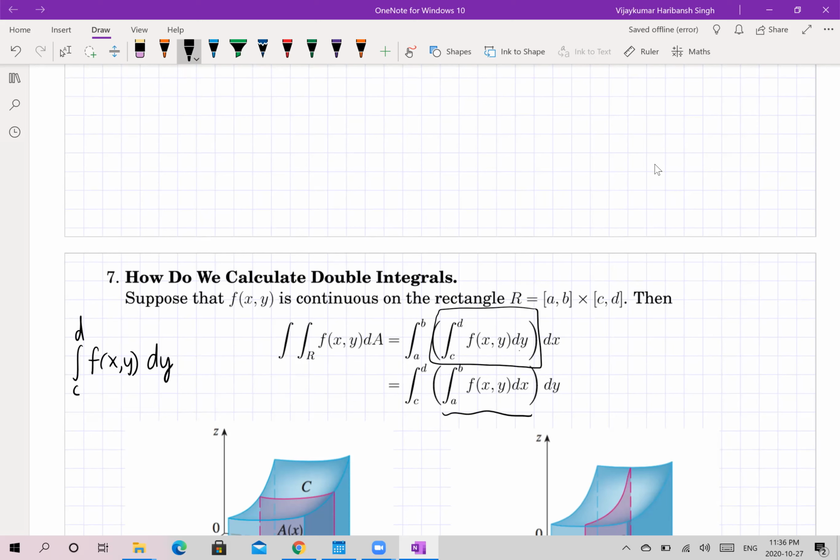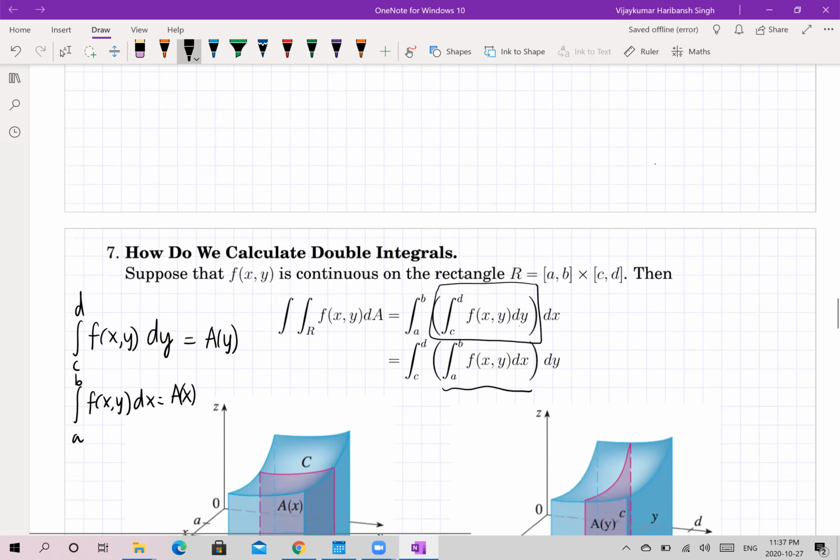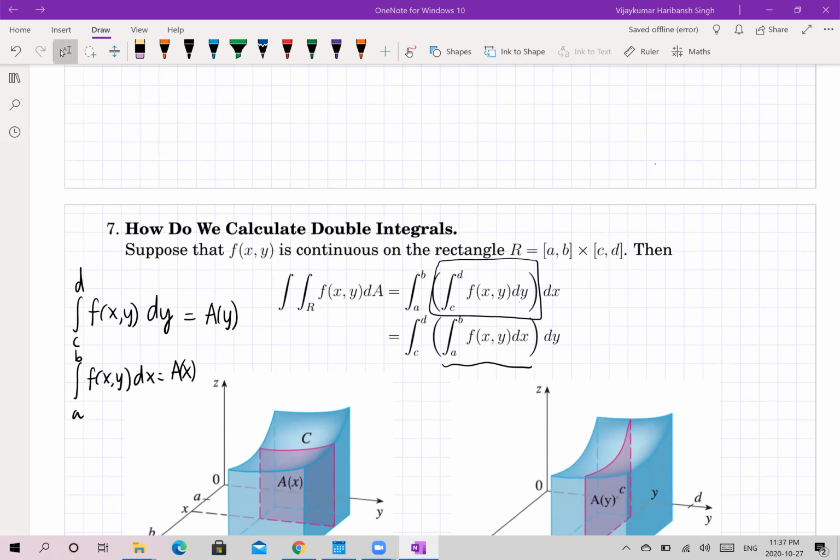So we have this integral now, the integral from c to d of f(x,y) dy. Let's call this A(y), and let's call the integral from a to b of f(x,y) dx A(x). So the idea is as follows. You want to compute this integral.